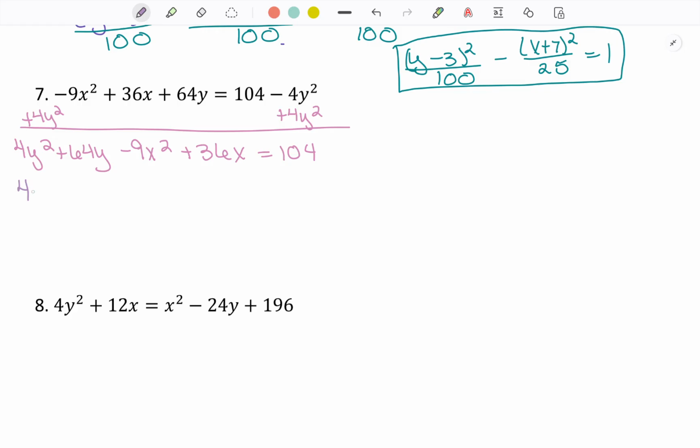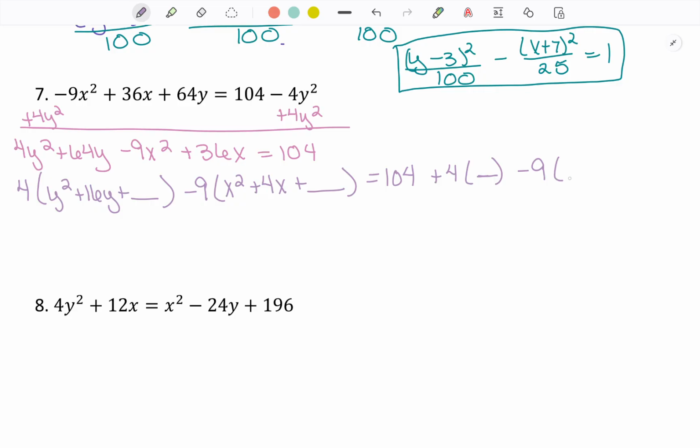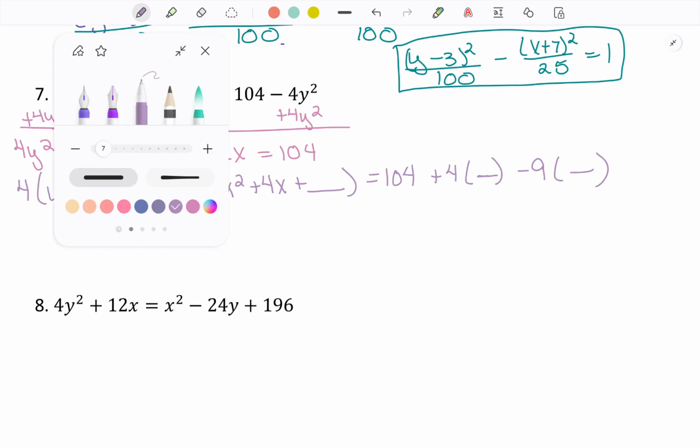So we'll have 4 times y squared plus 16y plus something, and then minus 9x squared plus 4x plus something equals 104 plus 4 times whatever that something is minus 9 times that something.